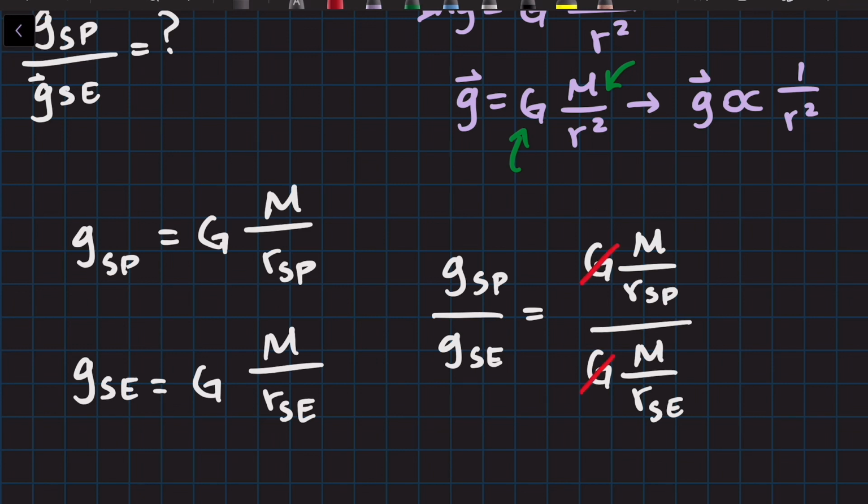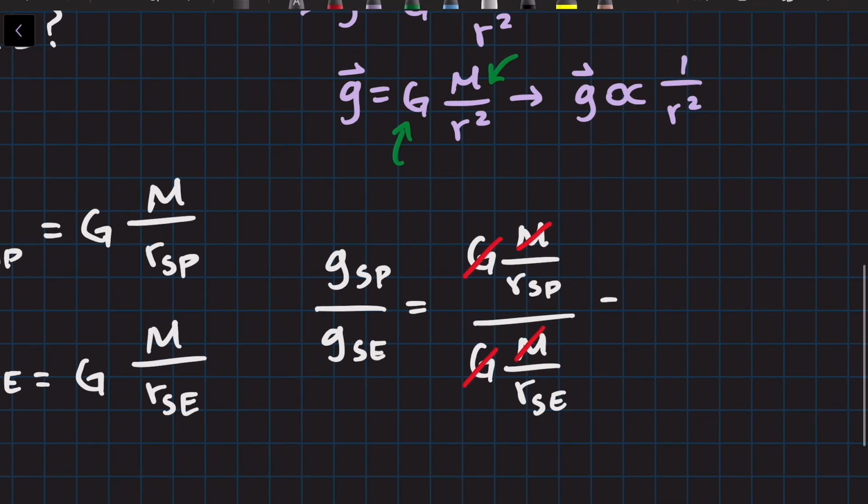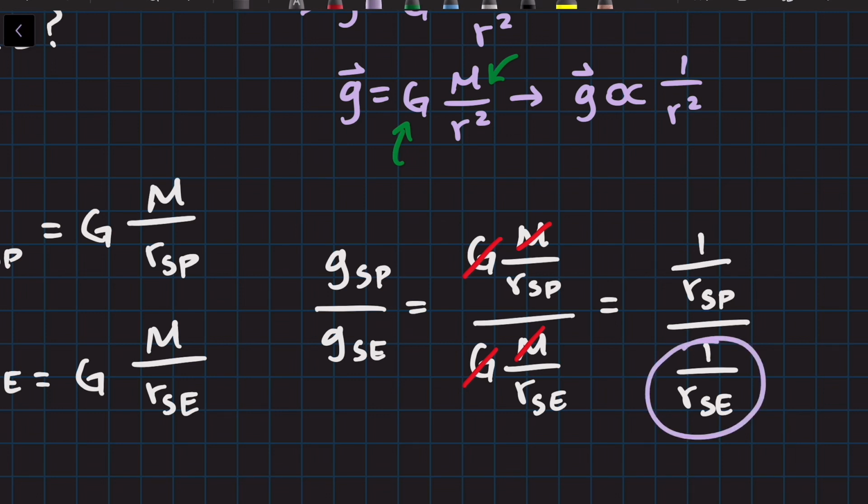Gravitational constant cancels, the mass of the sun cancels, and this is what we get: 1 over this distance divided by 1 over this other distance. And then we simplify, you're dividing fractions, so instead of dividing by this, you can multiply by its reciprocal, you can use the cheeseburger method, whatever you want to do there, okay?